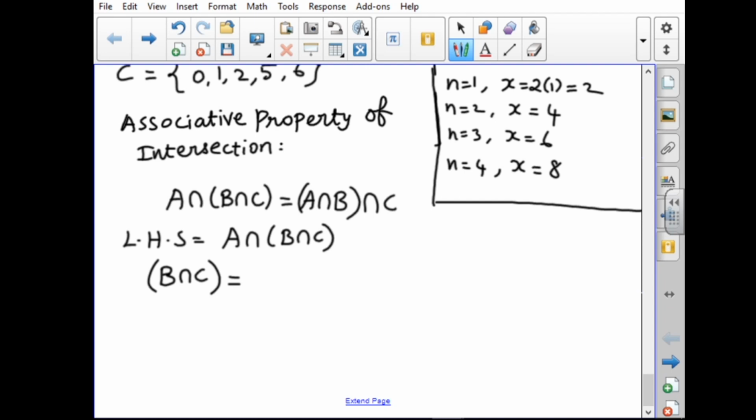The common elements are 2 and 6. So B intersection C is equal to 2, 6.